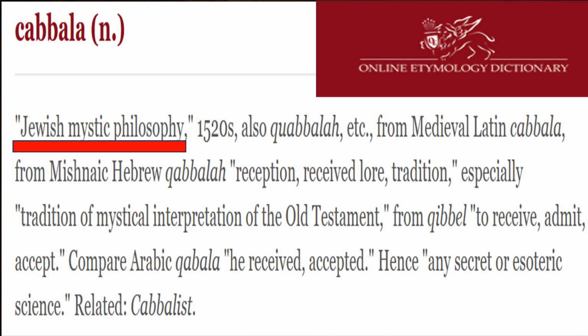In the medieval Latin, it was Kabbalah with this C versus the K. In one form of the Hebrew, we have it with the Q, meaning reception, received lore, tradition, particularly tradition of mystical interpretation of the Old Testament. And so this is a philosophical way of looking at this.